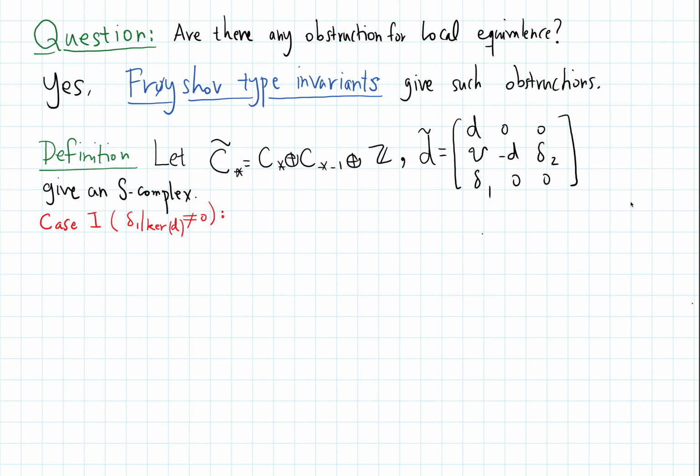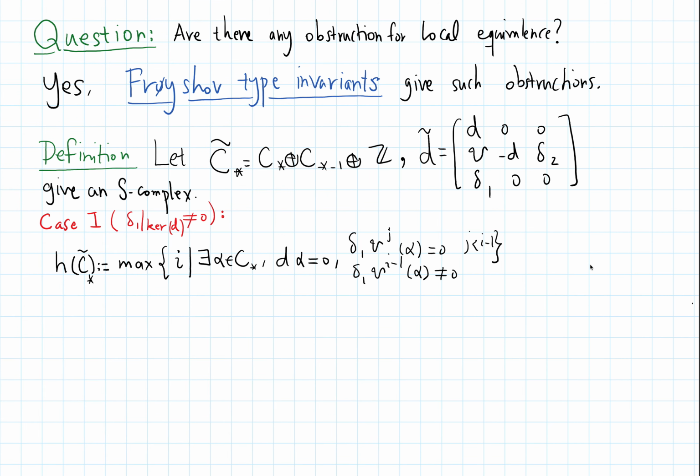We divide the definition of this invariant, which is called h of C tilde, into two cases. The first case is when this map delta 1, which is a homomorphism from C star to Z, is non-trivial on the space of cycles, the kernel of D. In this case, h of C tilde is defined as the maximum of all integers i such that there is a cycle alpha satisfying this property: if we compose V j times and then compose it with delta 1, it acts trivially on alpha if j is less than i minus 1, and it is non-trivial if j is equal to i minus 1.